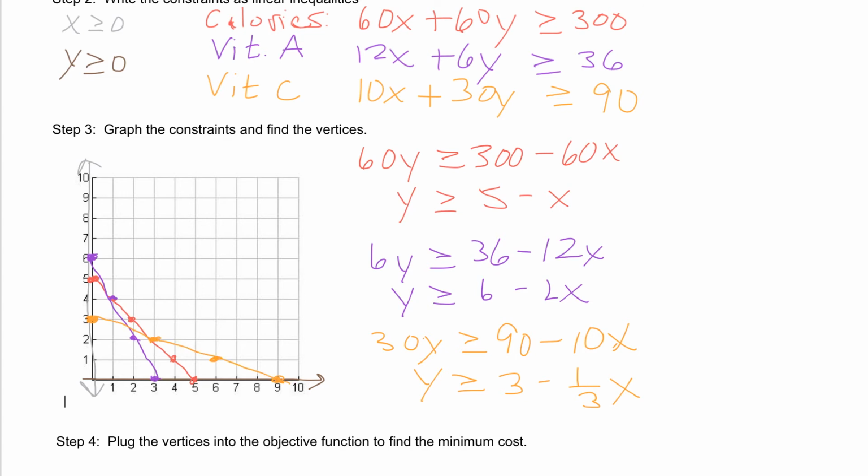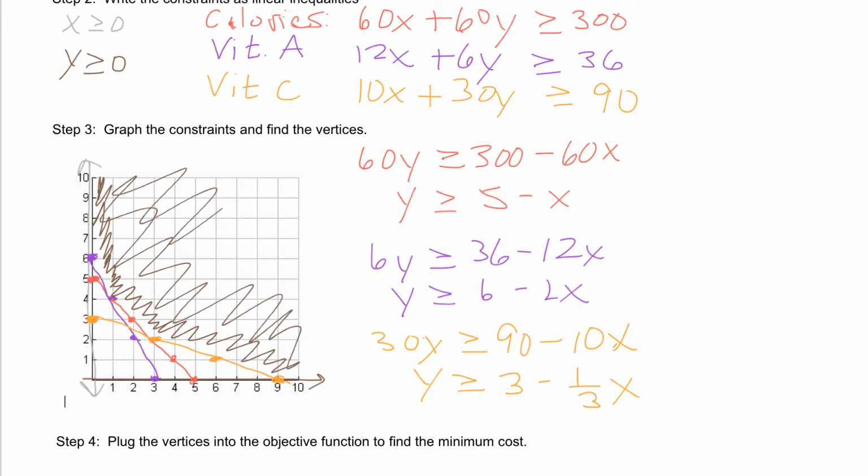And then I have to think about my shaded region. So if I take a look at all my lines, all of these have to be greater than or equal to. So that means I am above every line. So I need to shade everything in this above category. So I'm everything up here.